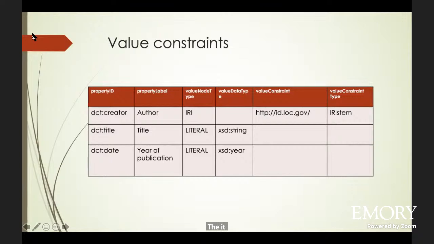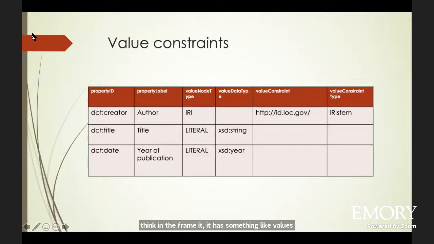You often want to say more than just this is a string, or this is a date, or this is an IRI. And so we have developed a fairly simple way to do that, but it can be expanded. So in this case, what you're saying is that my IRI is going to be a stem, which I think in BIBFRAME has something like values from.